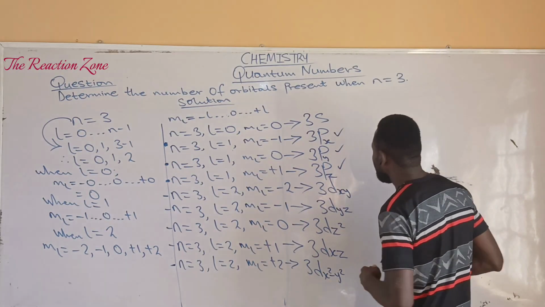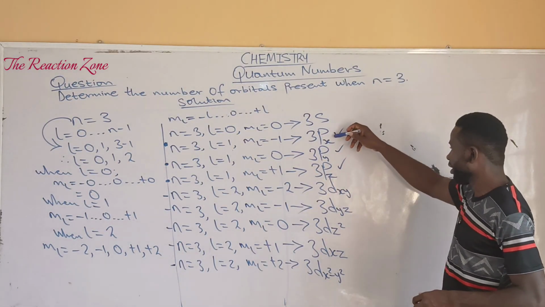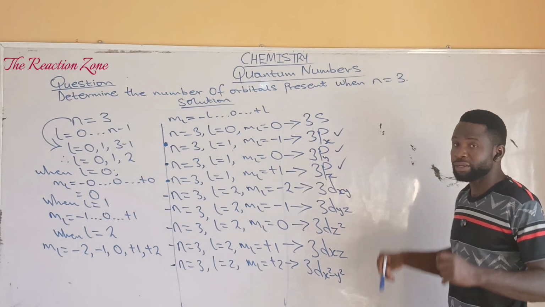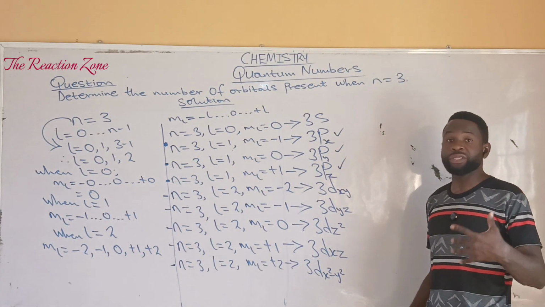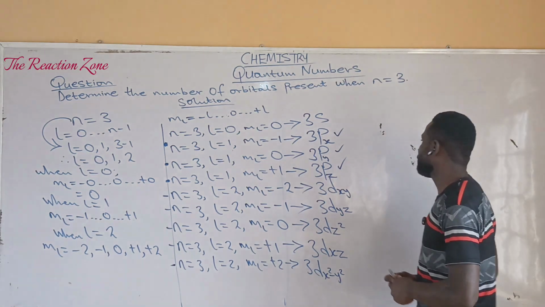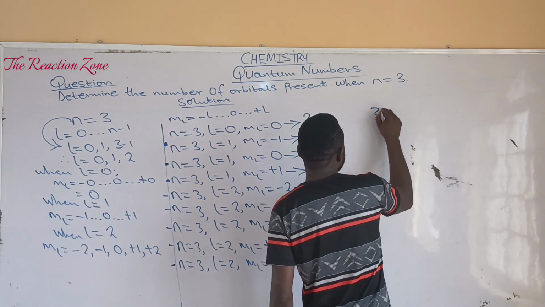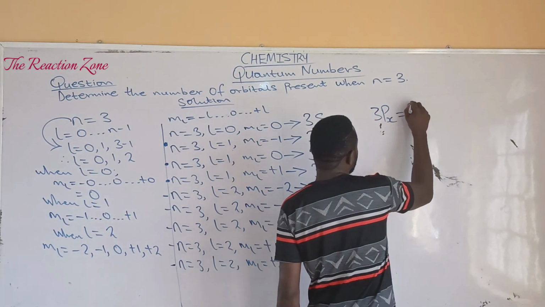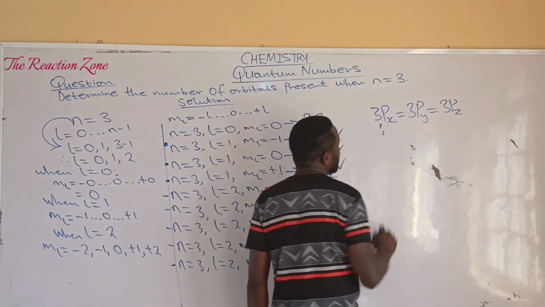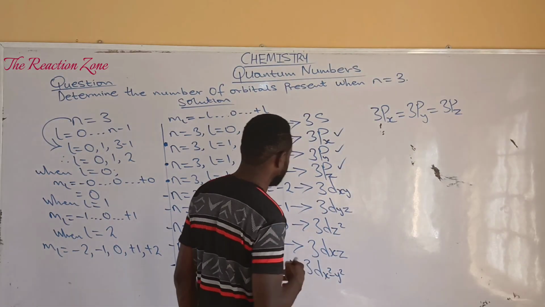That is why you have 3 p orbitals that have equal energy, because degenerate orbitals are orbitals that have equal energy. So what this means is that the 3px here is equal to the 3py and is also equal to the 3pz in terms of energy.